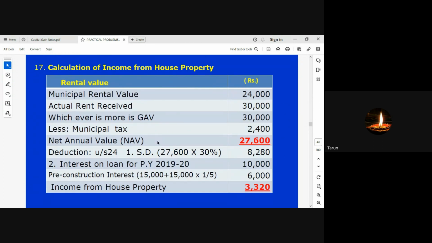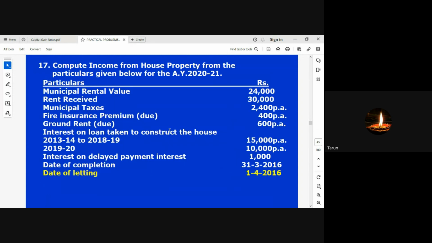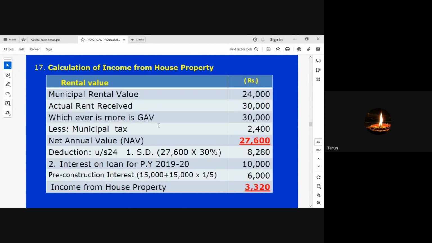Always remember, when we talk about interest on pre-construction based on the pre-construction period, there is always the standard deduction under section 24. And what would be the standard deduction? It's 30% of the net annual value. This is the rule when we calculate the income from house property.